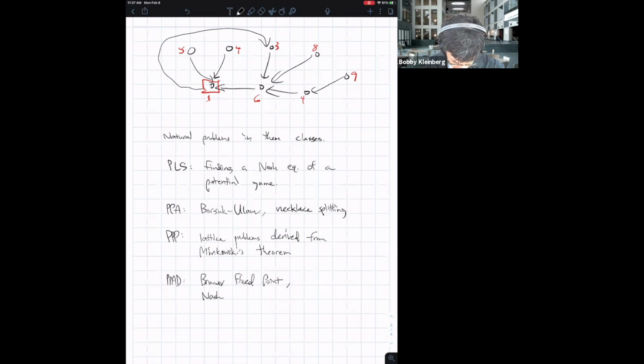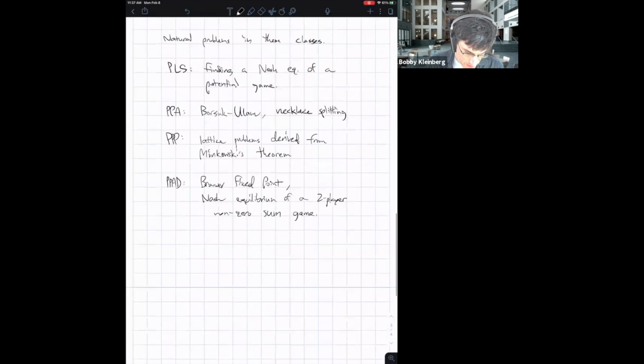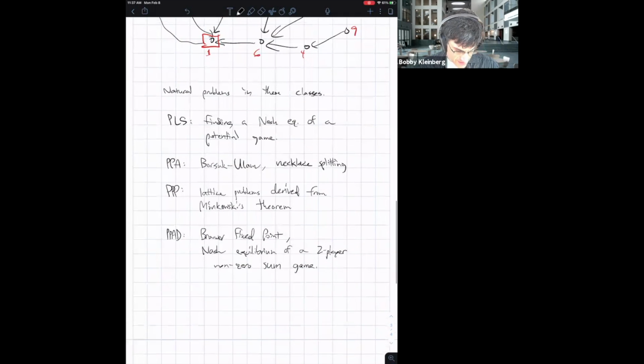It's also the complexity of finding a Nash equilibrium of a bimatrix game, you know, two-player, non-zero sum game. So all of these subclasses of TFNP have natural complete problems.